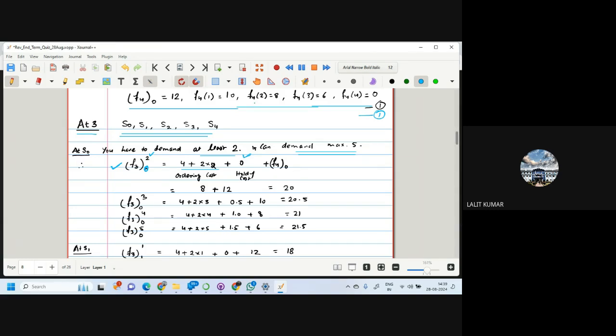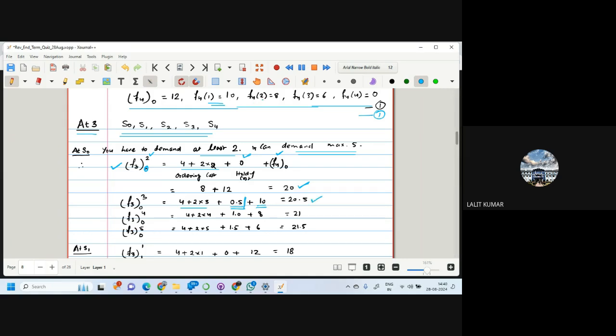Now he's not carrying anything, so F40 comes into play, which is 12. So this value becomes 20. For F30, the state is 0, he orders 3, consumes 2, so he carries 1 forward, so there is a holding cost for 1, and then we use F41. So this becomes 20.5. This is how we calculate for F3.